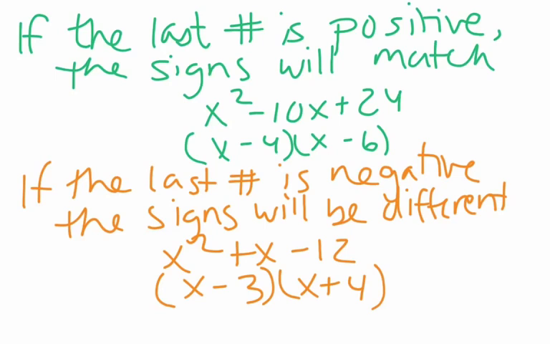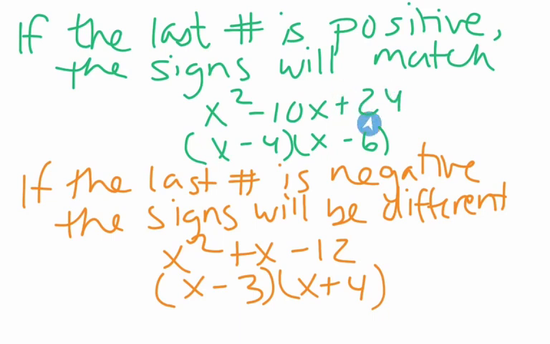If the last number in your trinomial is a positive number, like here, x squared minus 10x plus 24, the signs are going to match. In other words, you will have both negative or both positive. And the reason for that is because that last number comes from multiplying them, and you know that a negative times a negative will give you a positive, and a positive times a positive would give you a positive.